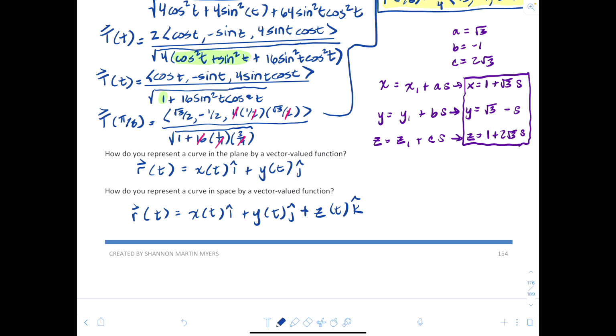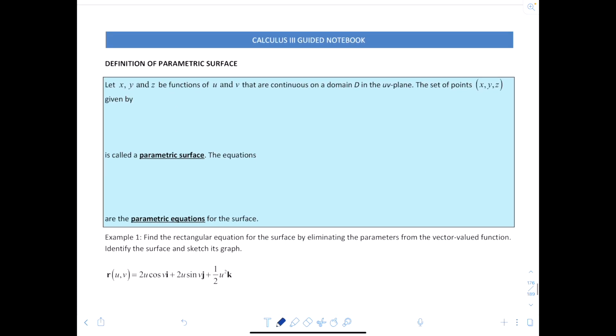Cool? All right, so continuing, we have the definition of a parametric surface. Let x, y, and z be functions of u and v that are continuous on a domain D in the uv plane.